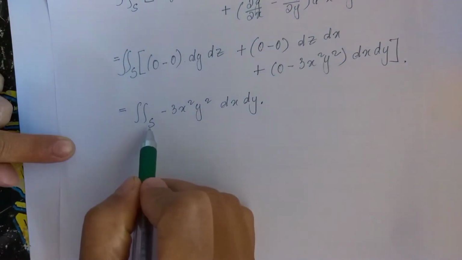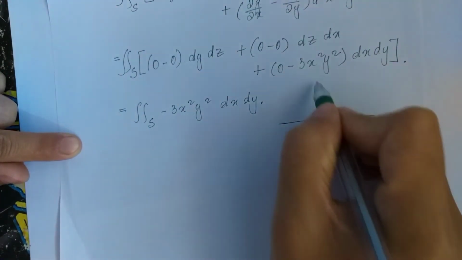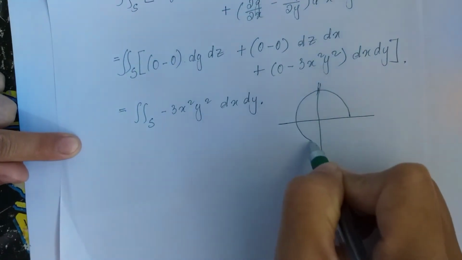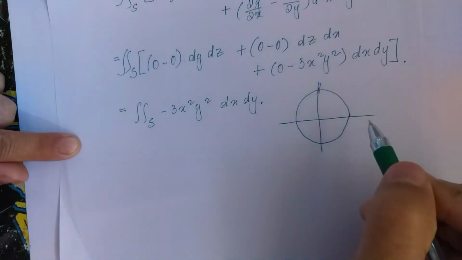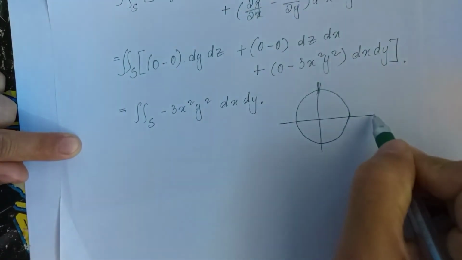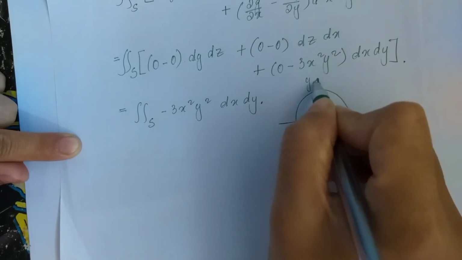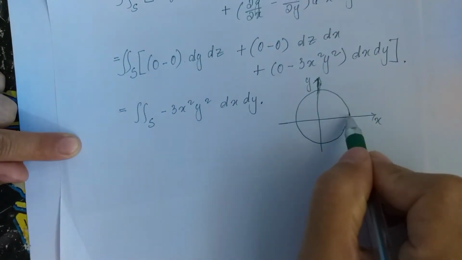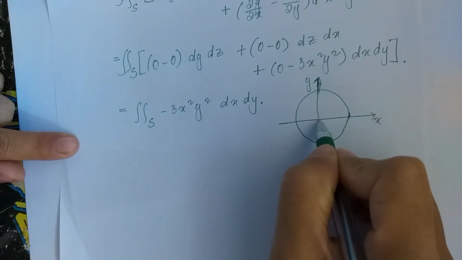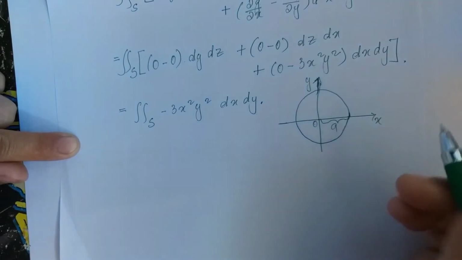Now what is S? If we draw rho, which is the boundary curve for S, rho in the xy plane, it is a circle with center at the origin and having radius a.